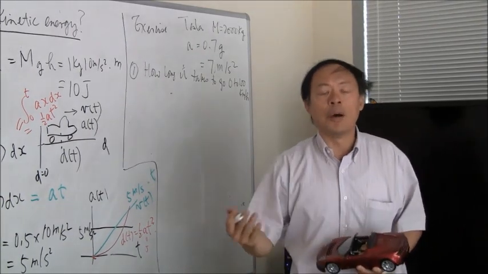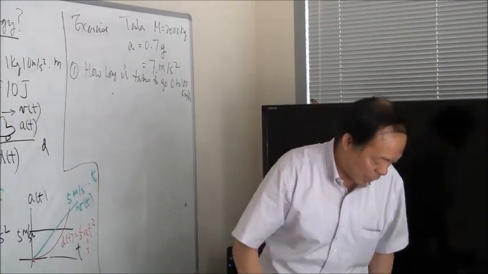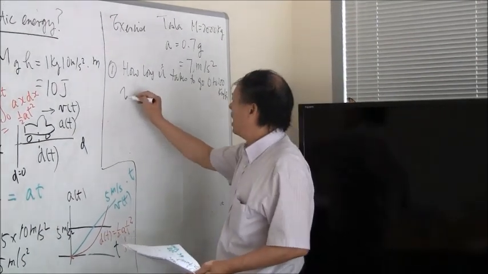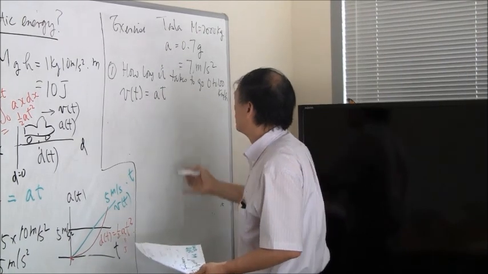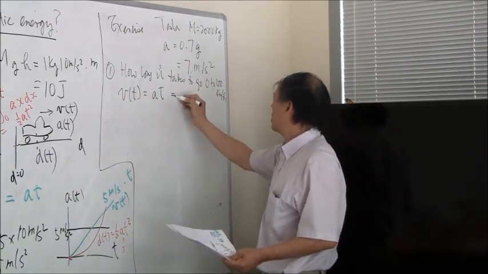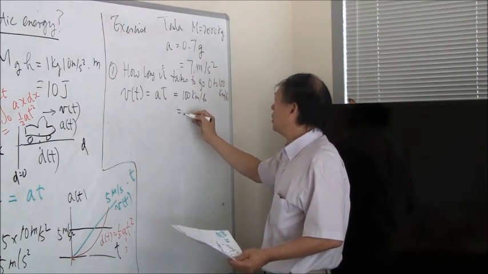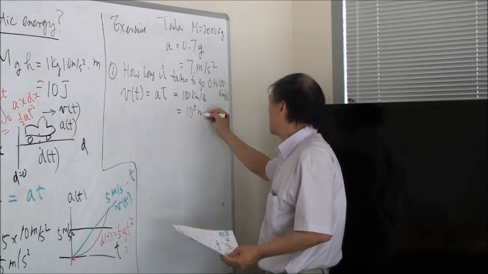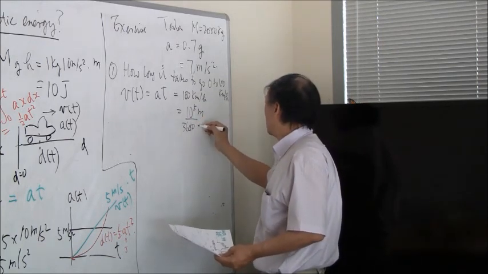So 100 kilometers per hour is roughly 60 miles per hour. Now we know that velocity as a function of time is equal to at, and is equal to 100 kilometers per hour, and 100 kilometers per hour is equal to 10 to the 5th meters divided by 3,600 seconds in an hour.